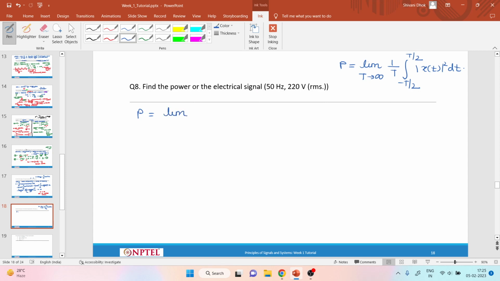So it will be limit t tending to infinity 1 by t integral minus t by 2 to t by 2 mod of 220 root 2 sine 100 pi t square dt.